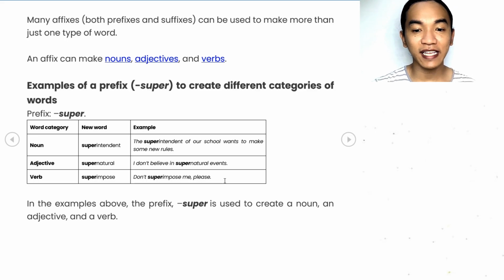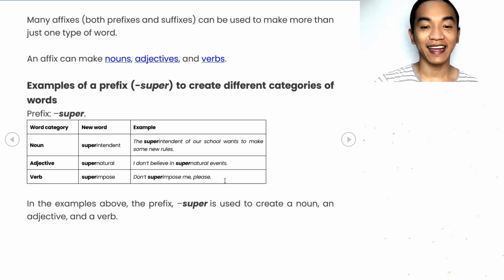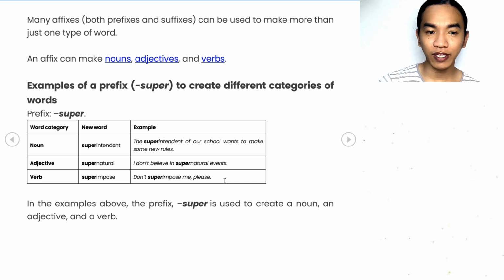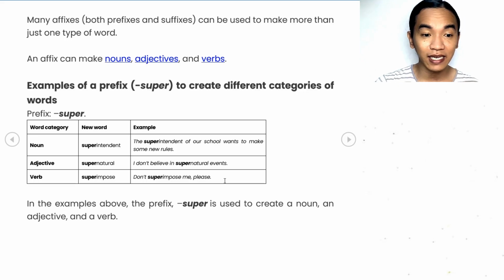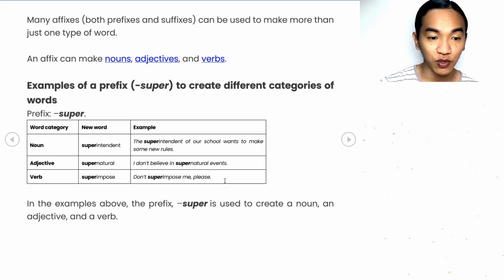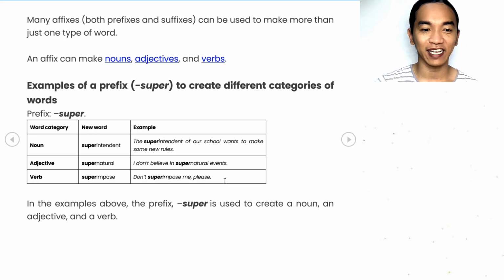So in the examples above, the prefix super is used to create a noun, an adjective, and a verb. So it means some affixes can be used to make different word forms. There is no just one single affix that we could use to make a single word. They could be flexible.